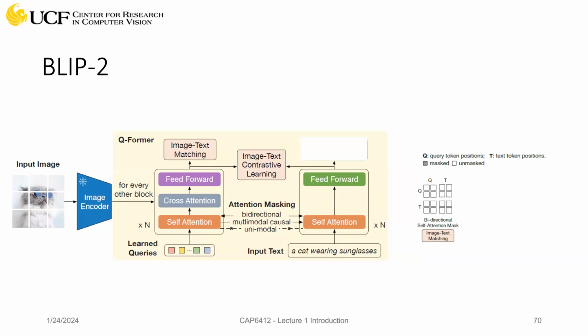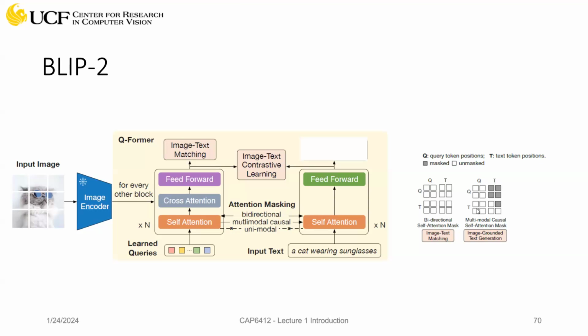Then we have another loss, the image-text contrastive loss. That's very similar to your CLIP loss. For that one, we are going to use multimodal causal self-attention. Again, we have 2 query tokens and text tokens. The query tokens will not get attention from text, so they are masked.